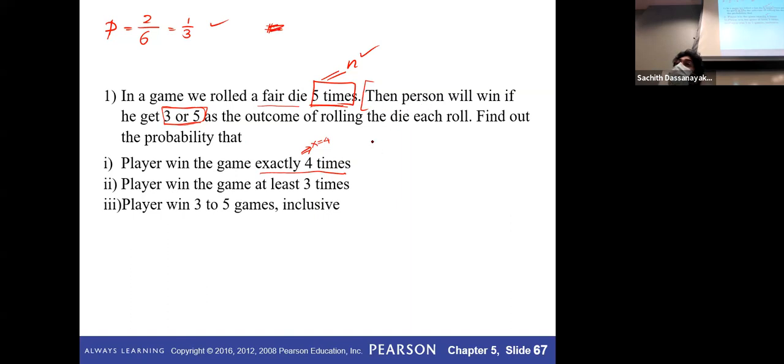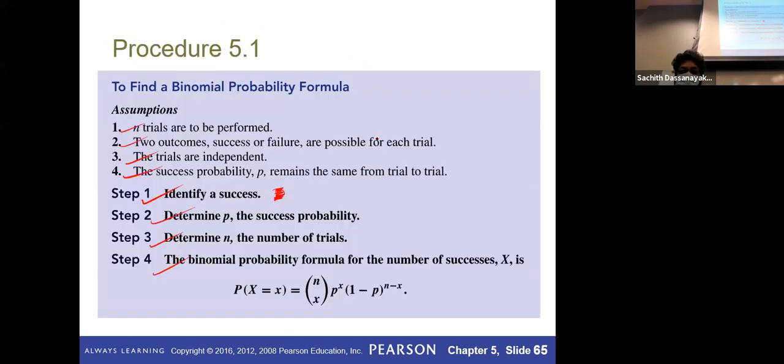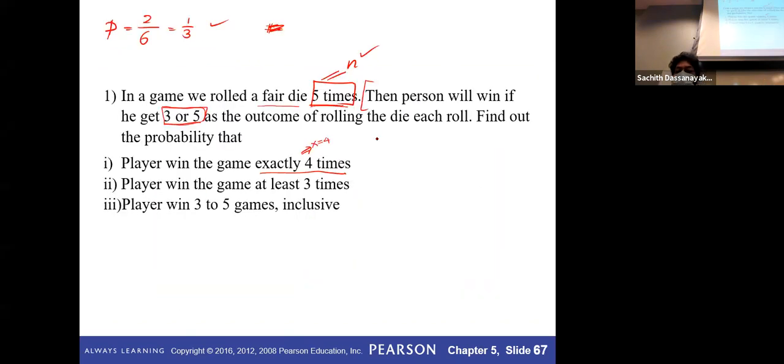How do we find this? Exactly 4 means exactly X equals 4. That's it. So for this distribution, plug in these values. You know what N is, you know what X is, and also you know what P is, right? So probability of capital X equals 4, because exactly 4.